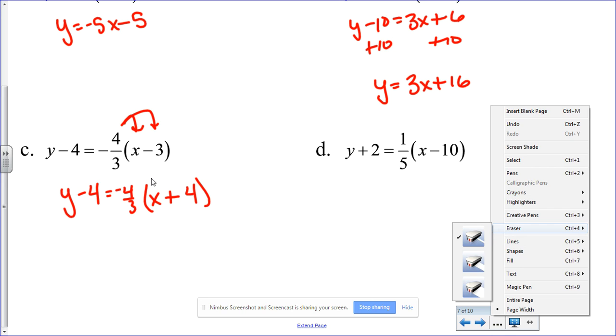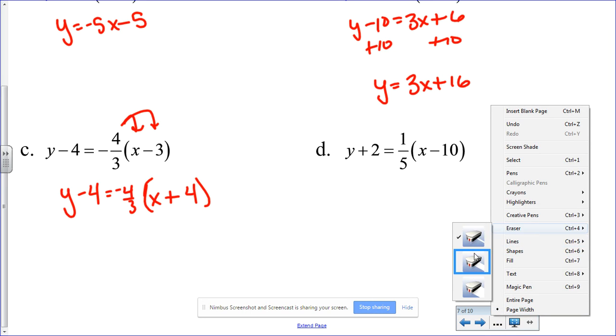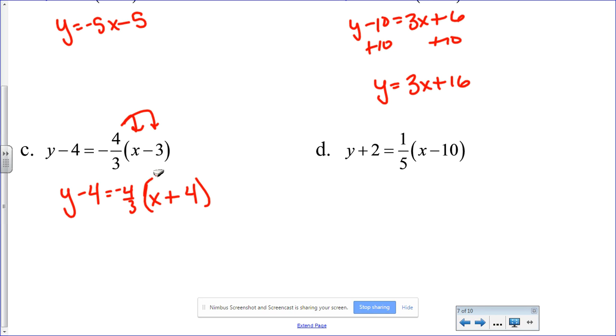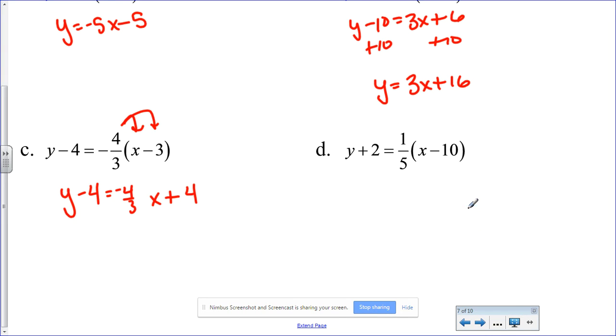I didn't need parentheses here, because we're multiplying. Apologize for that. Okay, and then we need to add 4 to both sides to get the y alone. So we have negative 4/3 x plus 8.